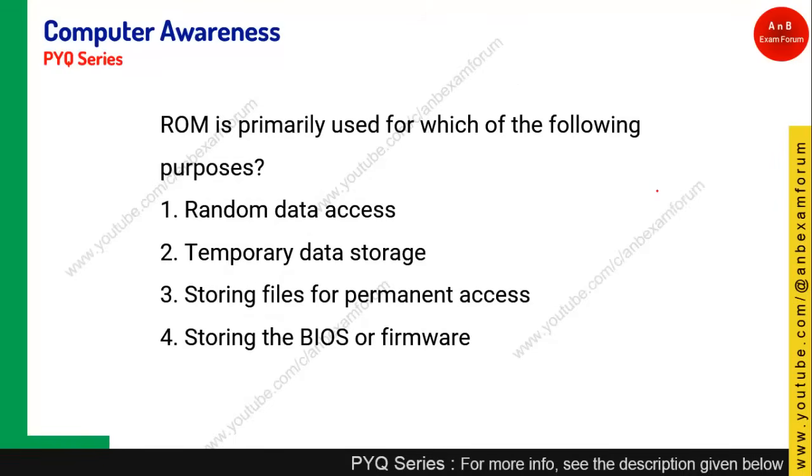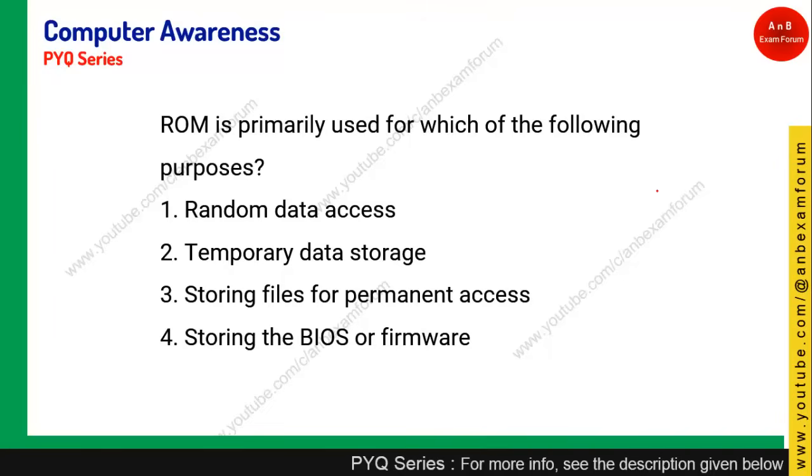The first question is on your screen, and the question says, ROM is primarily used for which of the following purposes? Okay, ROM, as you know, is read-only memory, and as all of you know, it is used for storing the BIOS or firmware. BIOS is basic input output system.